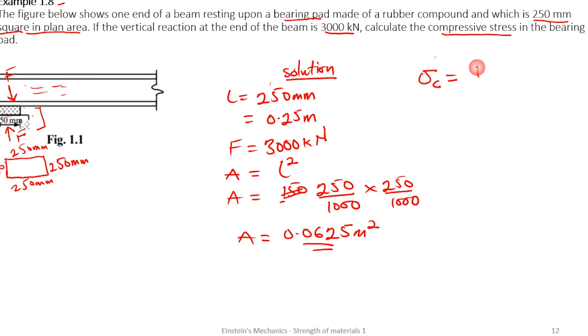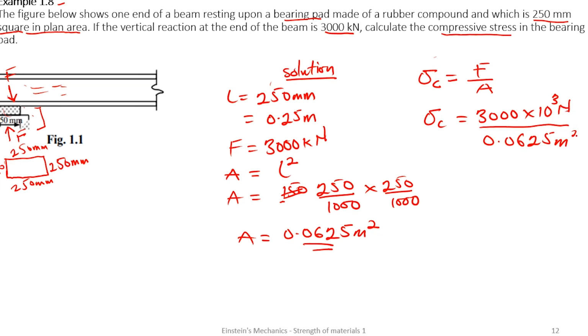So compressive stress is force on area. Force is 3,000. Remember, it's kilo, so 10 raised to the power 3 newtons on the area 0.0625 meter square.